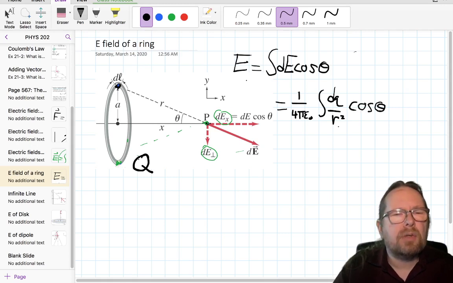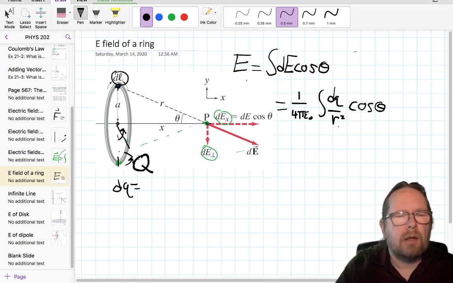What is dq in this situation? dq is just a little element, a little slice of this arc. Every little bit of this arc has a length equal to a times this angle. We're just calling that for now dl. We don't need to get any fancier than that. And so the charge of this is equal to the charge density times dl.